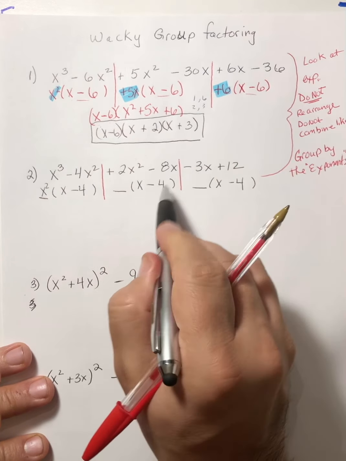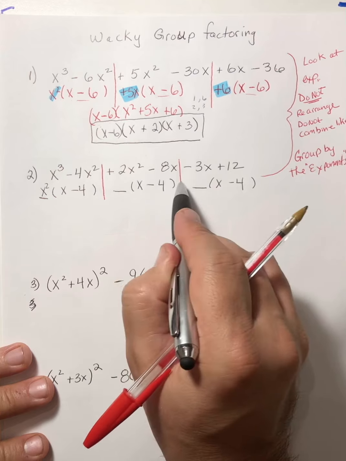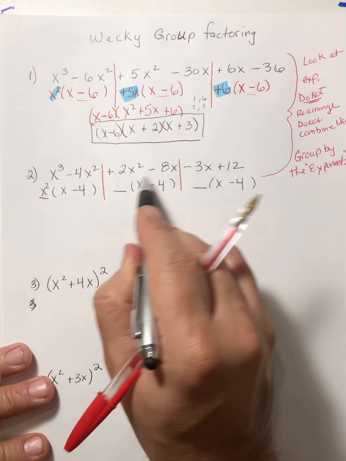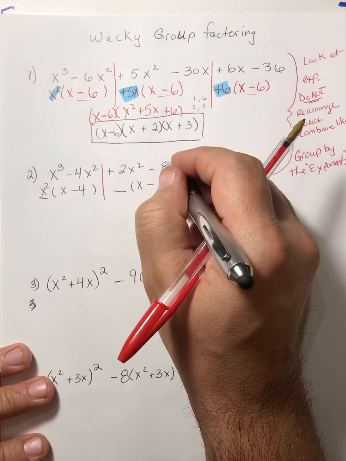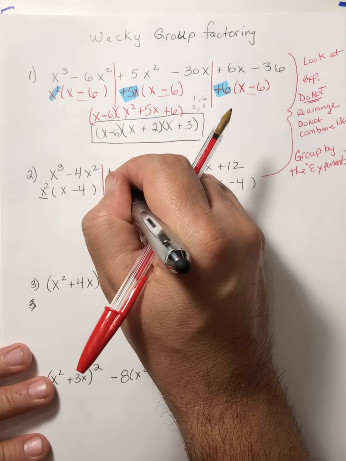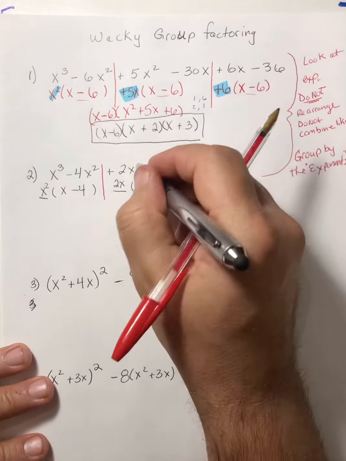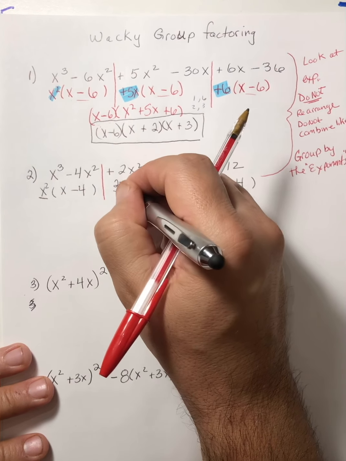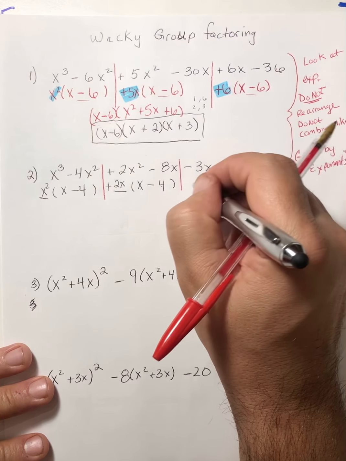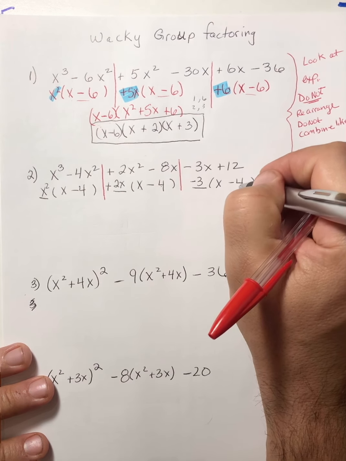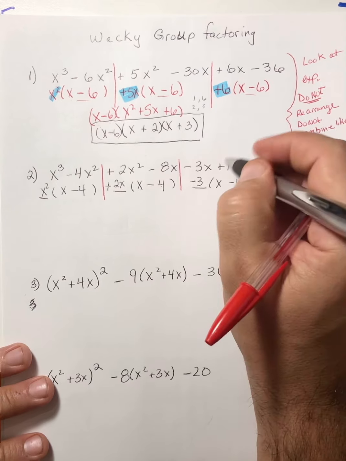All right, so what goes here? I can factor out what? Right, a 2. 2x goes on the outside. 8x divided by 4 is a 2x. 2x squared divided by x is just a 2x, so plus 2x. And then here I can pull out a negative 3. That's right, negative 4 divided by positive 12 is negative 3.